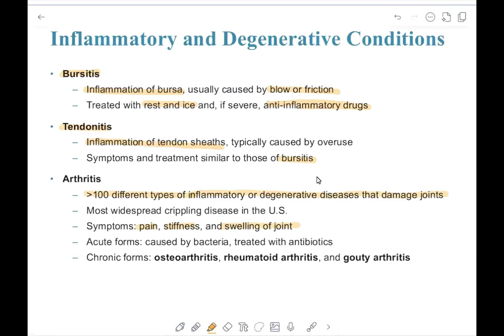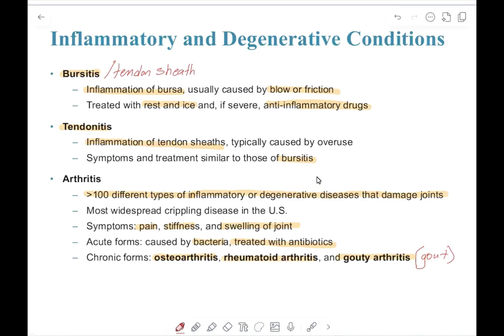Acute forms can be caused by bacteria and treated with antibiotics, but if they last for a long period of time, the three that you're going to be responsible for are osteoarthritis, rheumatoid arthritis, or gouty arthritis. And gouty arthritis is also referred to as gout.